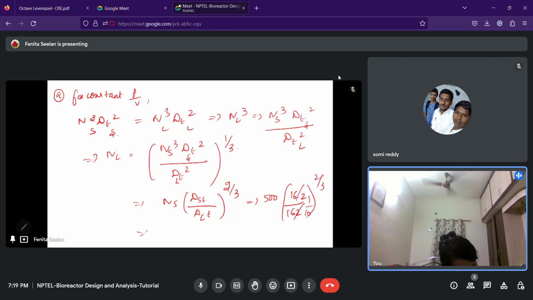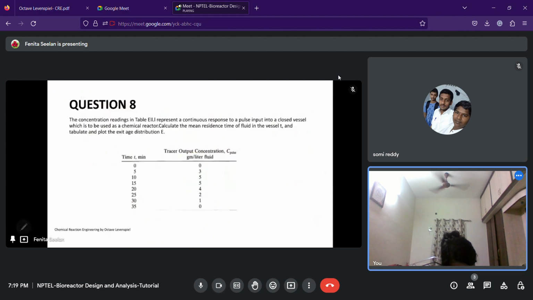So what would be the answer? The answer for your large scale reactor's agitation rate would be 107 rpm.